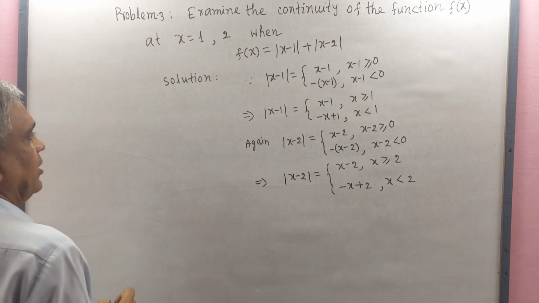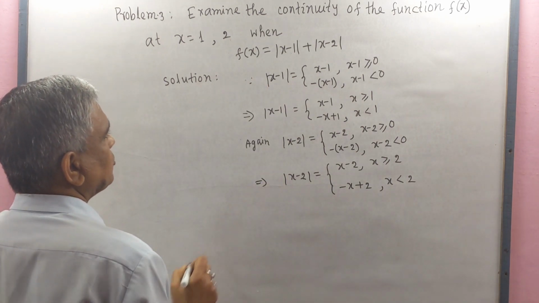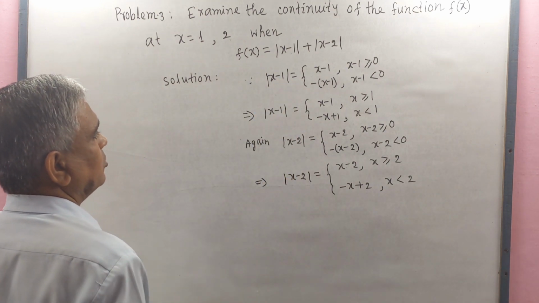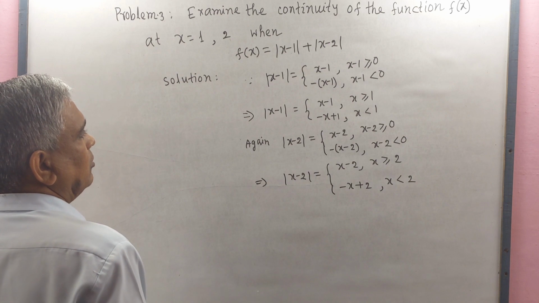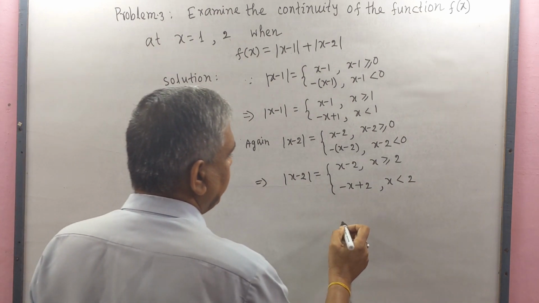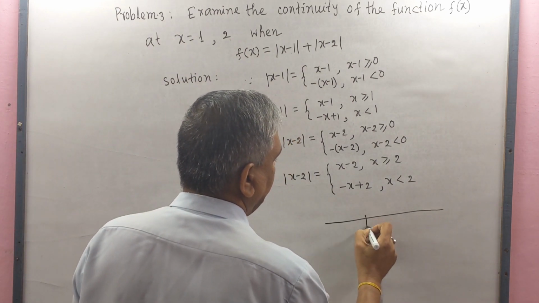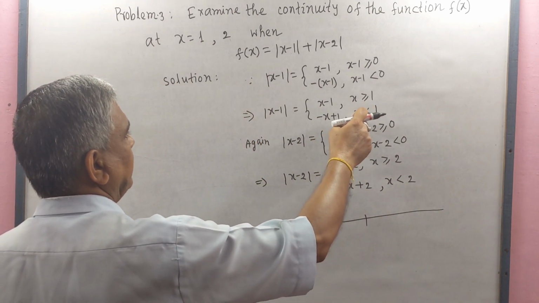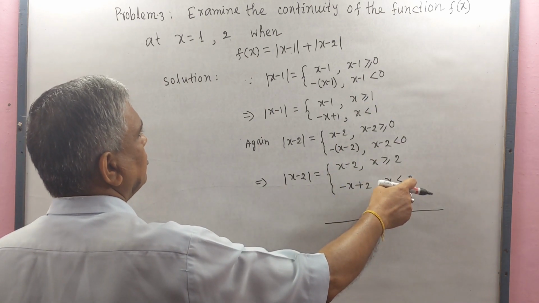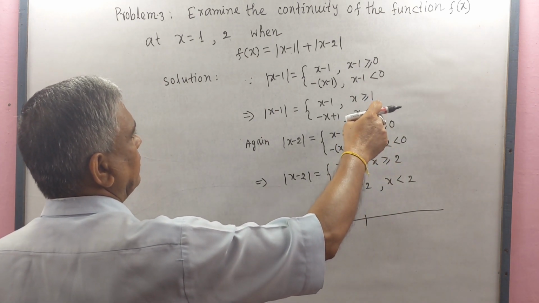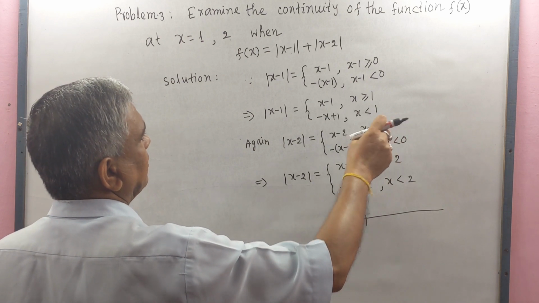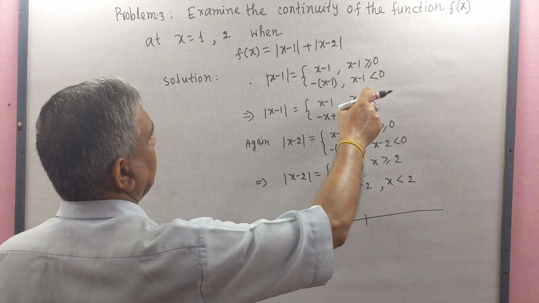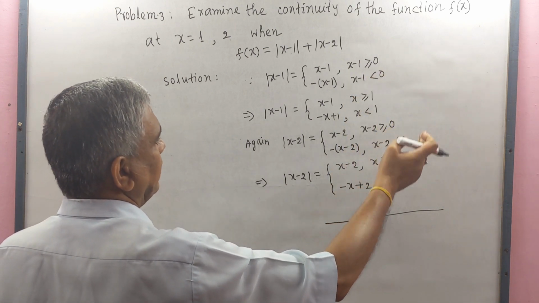So we may write modulus of x minus 1 plus modulus of x minus 2. Here we see that the interval is divided into some parts: less than 1, less than 2, greater than 1, less than 1, greater than 2.